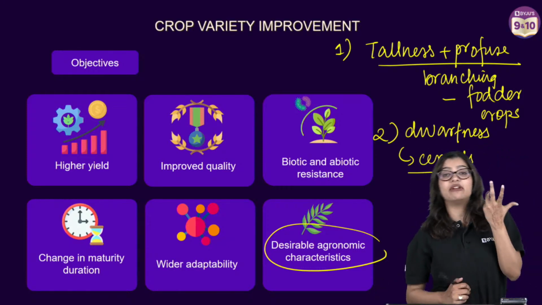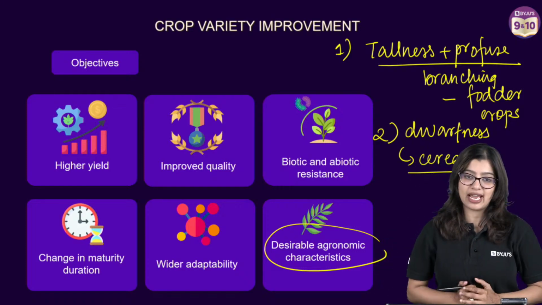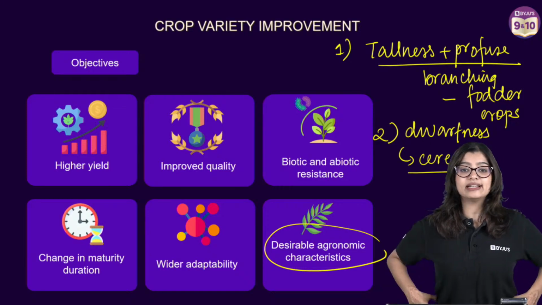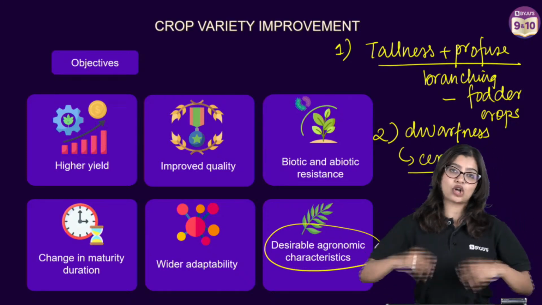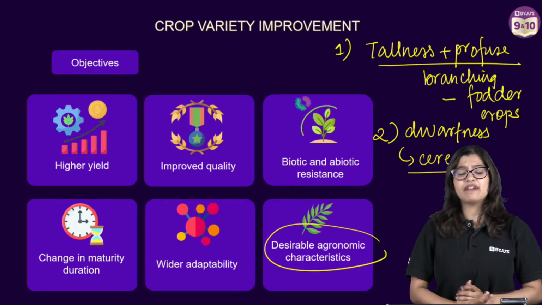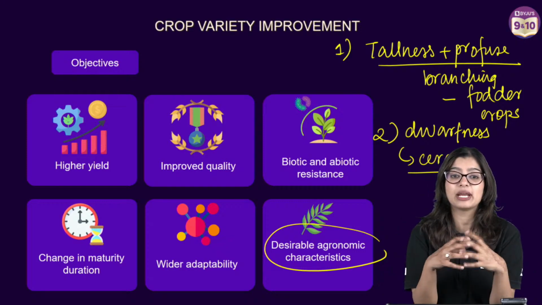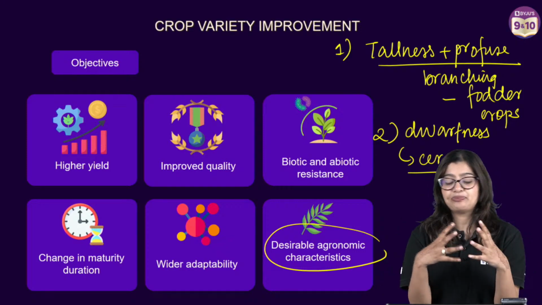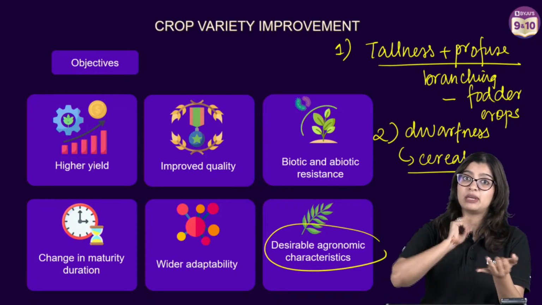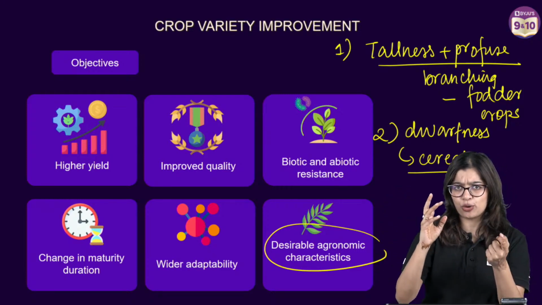What are some desirable features I would like to look for? So in a nutshell, what is crop variety? See, for any crop, rice, wheat or maize, if I want to make it perfect, I will want a crop which is growing well, giving me lots of seeds, the perfect kind of crop that I want to grow, right?